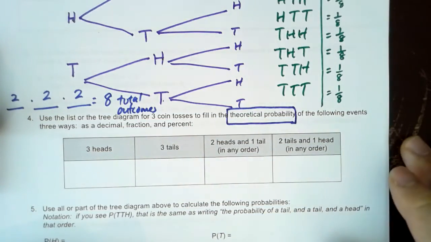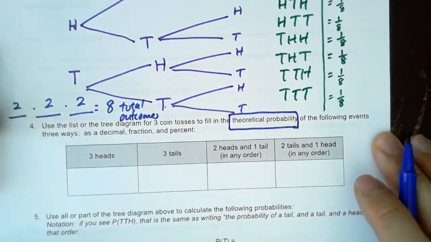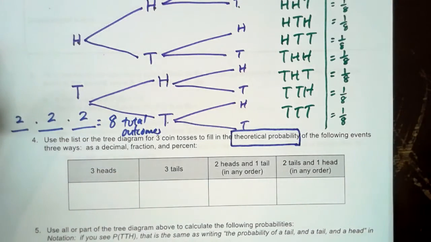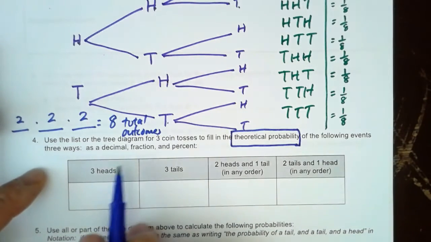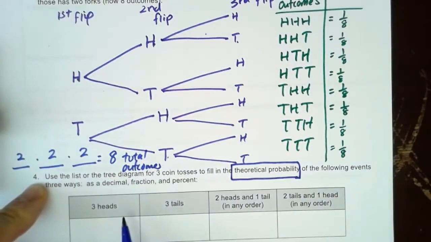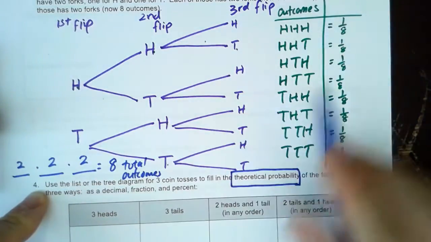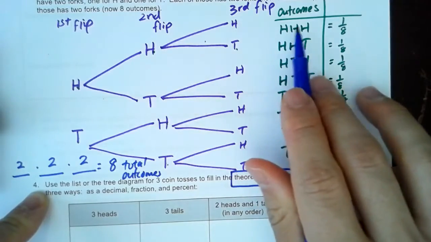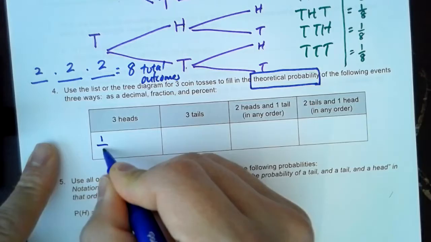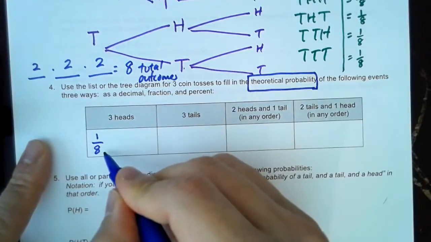Remember that theoretical probability is just what the probability should be. We haven't done any actual flipping yet, but they're just wondering what is the probability of getting 3 heads. Well, according to our tree diagram and our outcomes, we know that 3 heads is exactly 1/8. So this is where you can review how to write a fraction, 1/8.